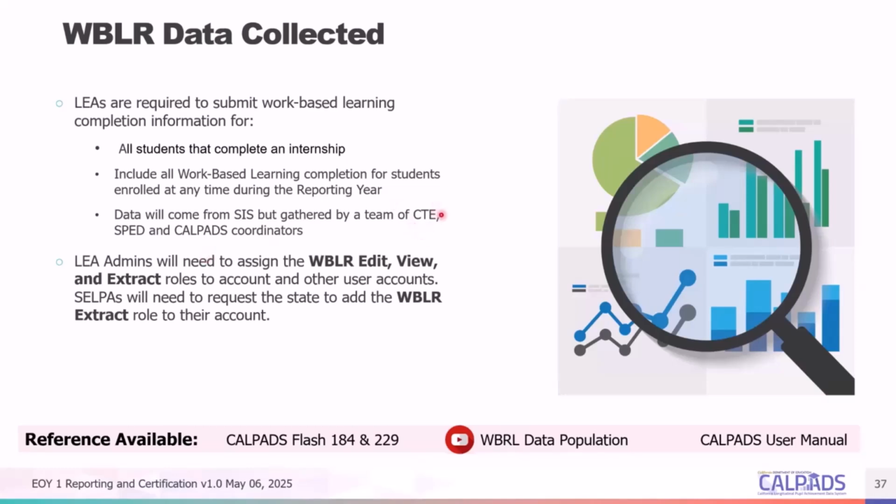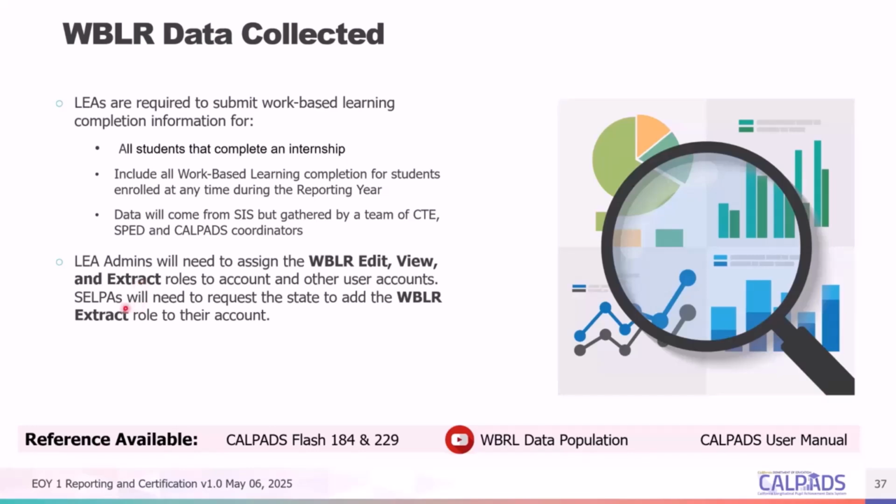For CTE, this would come from your SIS. For SPED, you have to coordinate with your special education system if you have students who are in one of the two work-based learning programs that need to be reported. For the WBLR, you need to have the WBLR edit, view, and extract roles to be able to submit data, review a WBLR record, as well as extract a file from CalPADS.